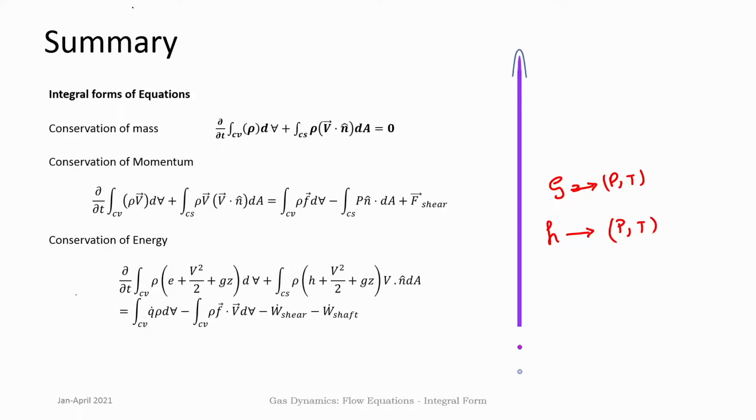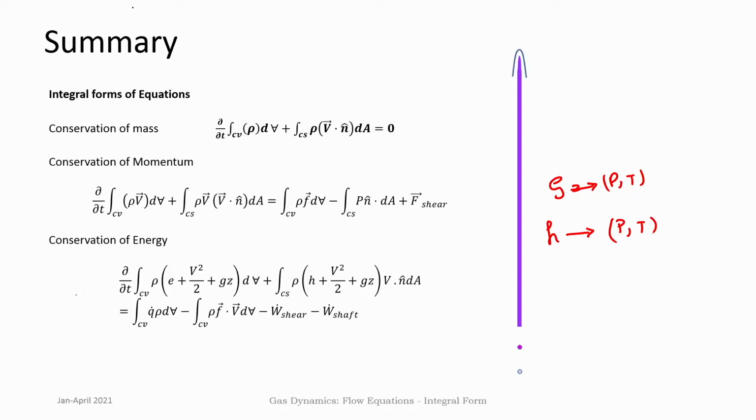So this is a coupled system because rho is not a constant here, and all these three equations along with the equation of state have to be used to solve any particular problem.